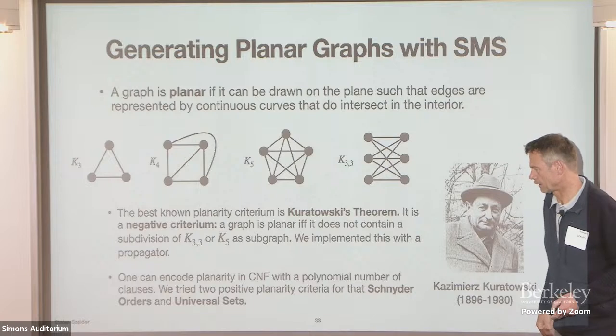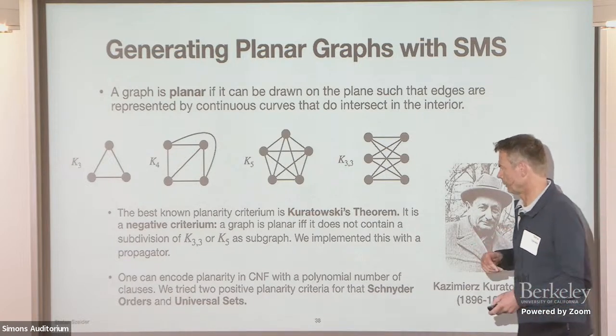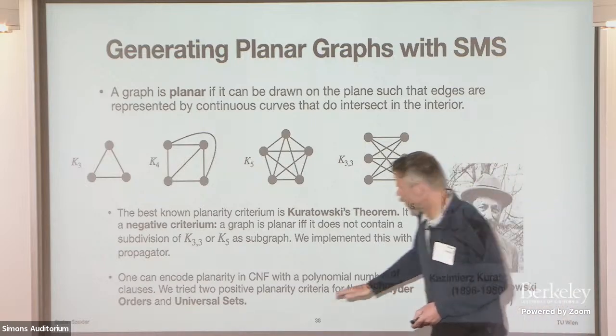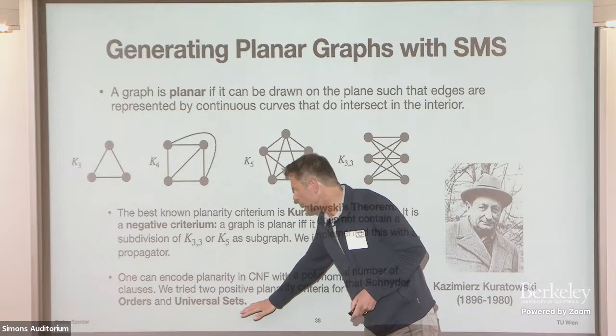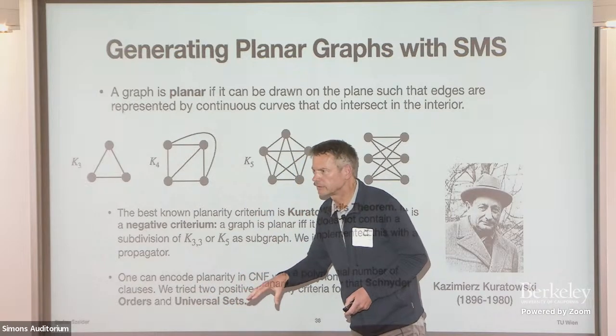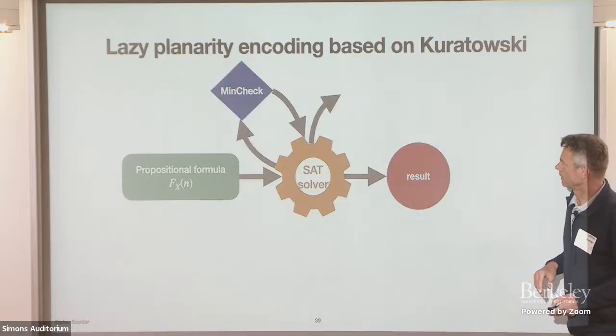And if it finds one, we know that it's not planar and can cut this branch. We also tried other planarity criteria that are positive, that you can encode with clauses, but the performance was quite, I'll show you a table.